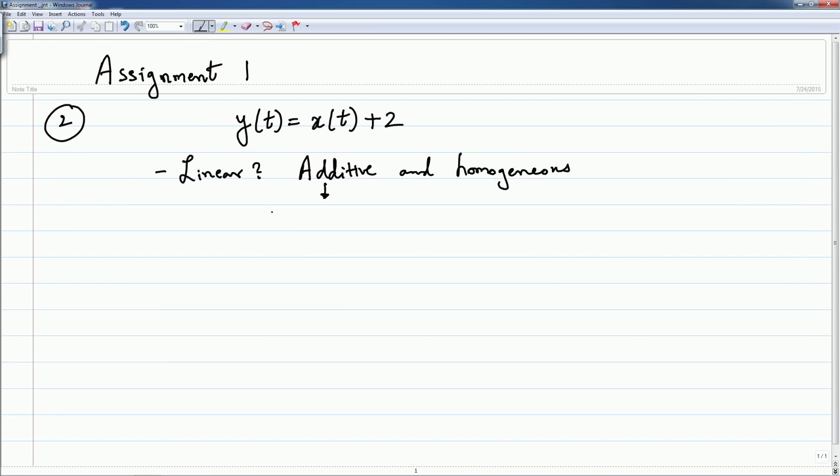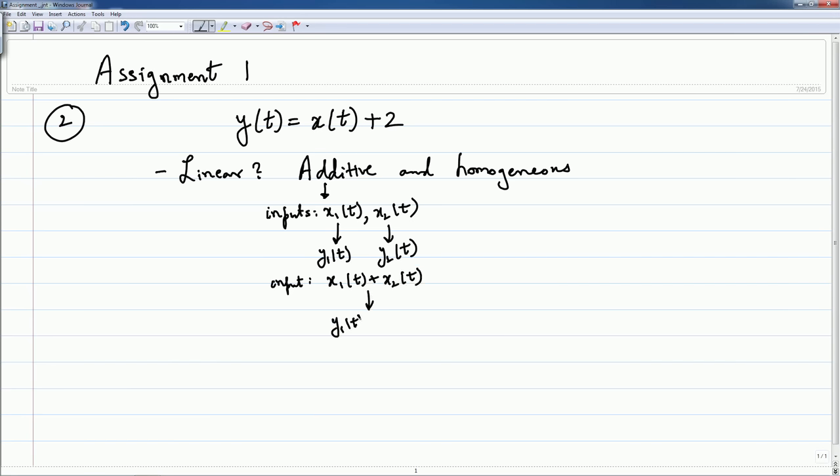Additive means if you have two inputs, x1 of t and x2 of t, and if x1 of t produces an output y1 of t and x2 of t produces an output y2 of t, the input x1 of t plus x2 of t should produce an output y1 of t plus y2 of t. This is the definition of the additive property.